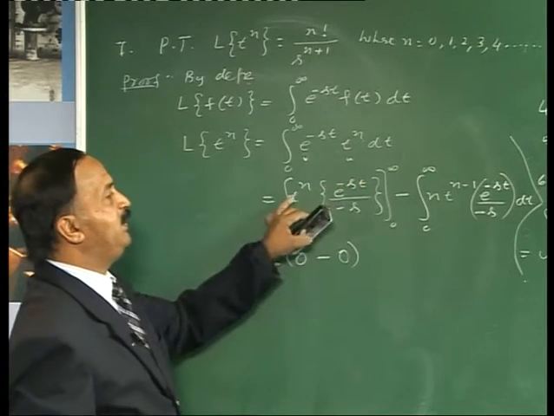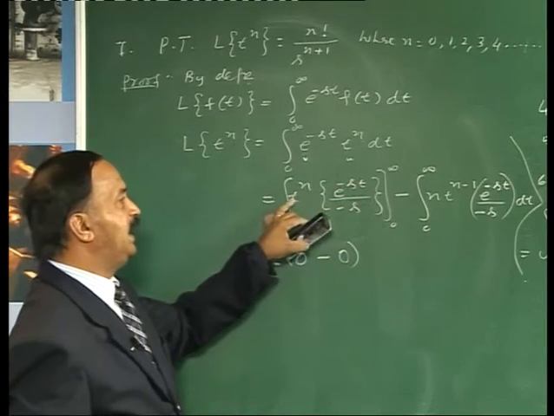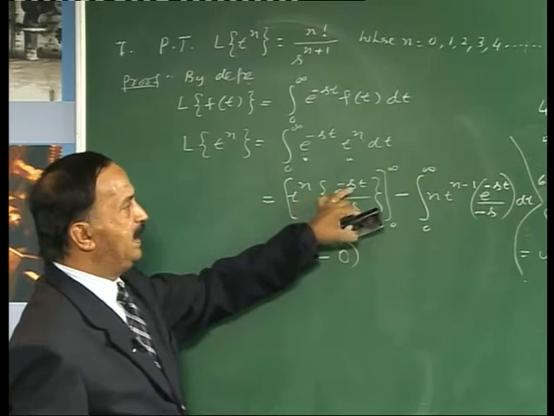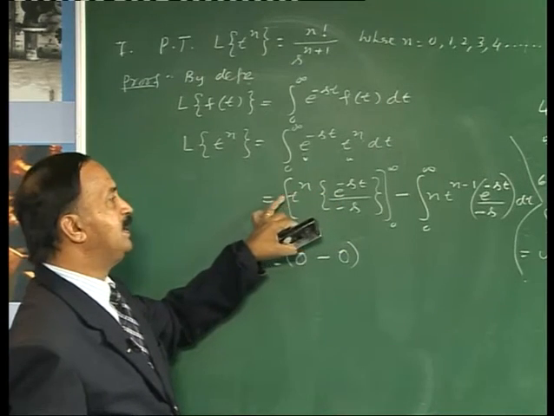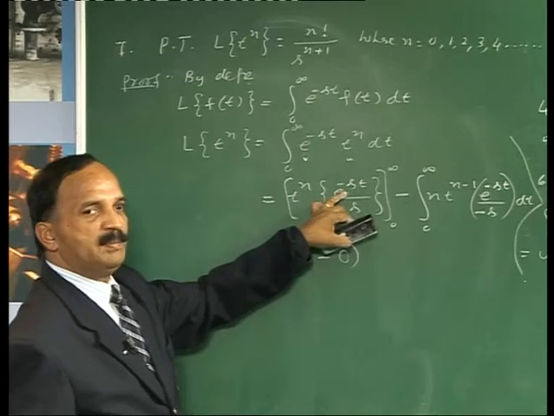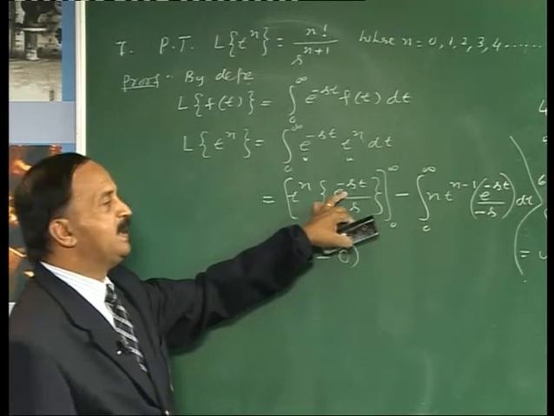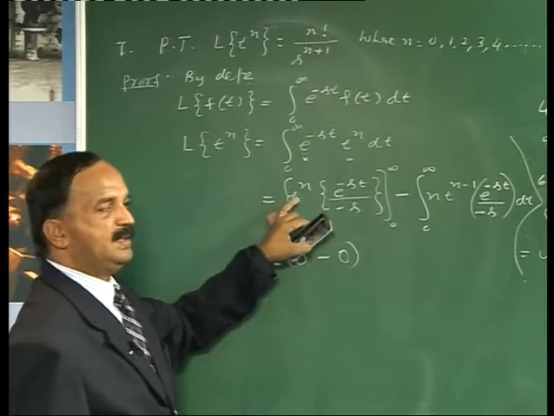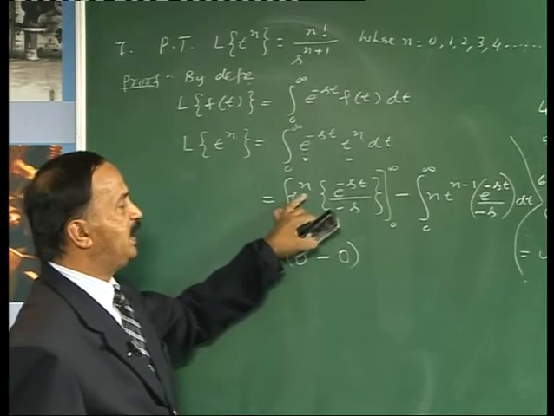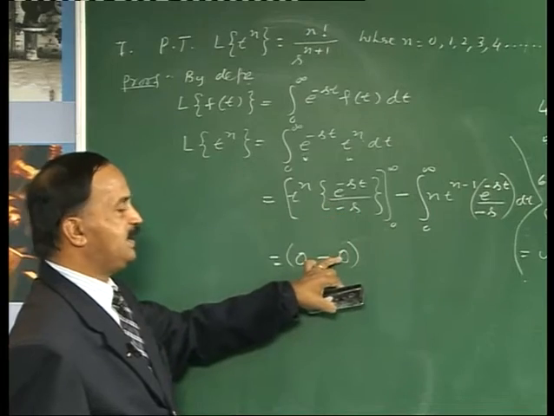Actually here if you put t is equal to infinity, this becomes an infinity into 0 form. By applying L'Hospital's rule, as t tends to infinity, t to the power of n by e to the power of st becomes 0. Here 0 minus, put t equal to 0, 0 into 1 is 0 by minus s is 0.